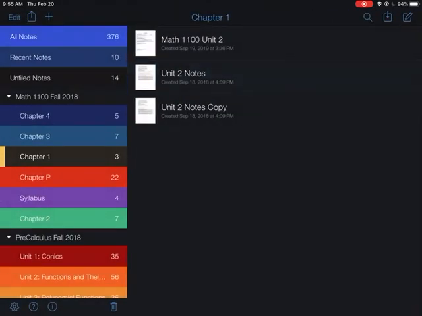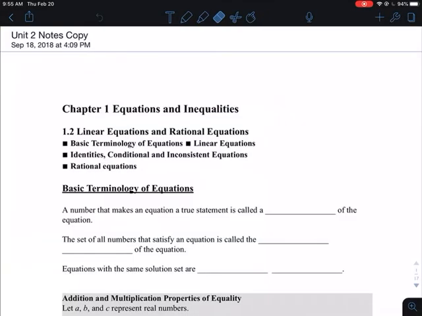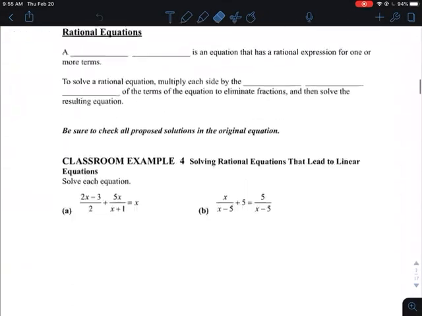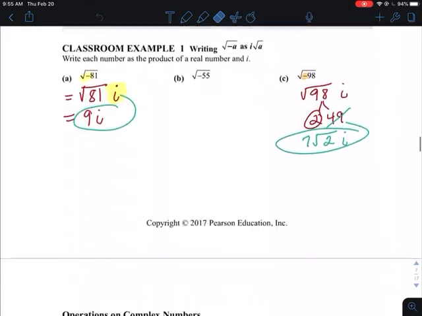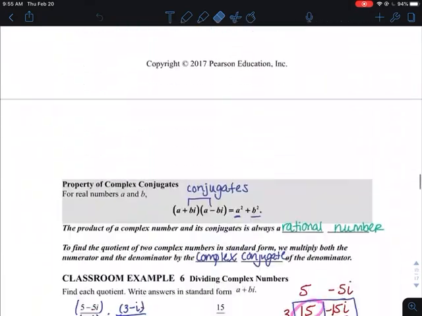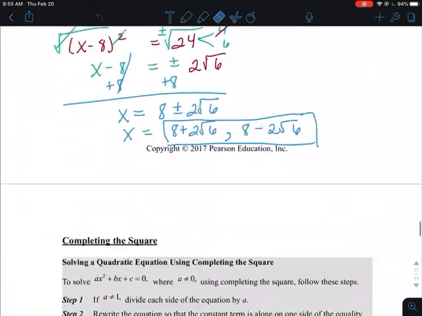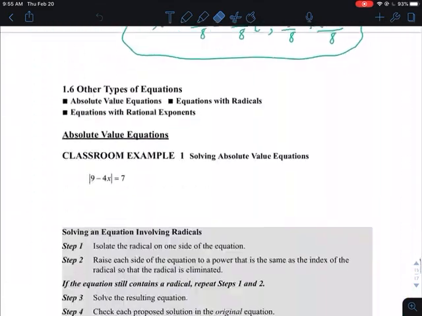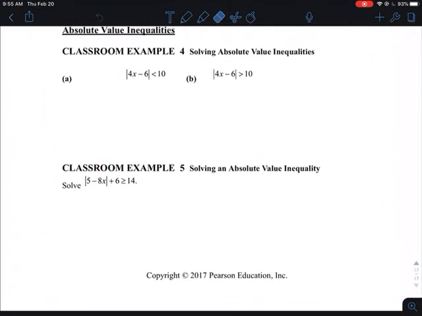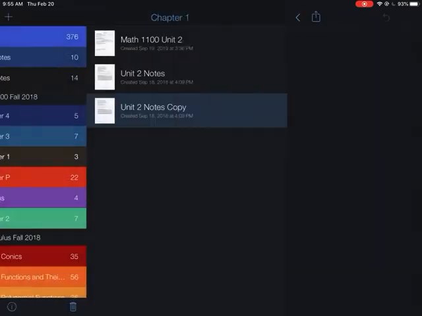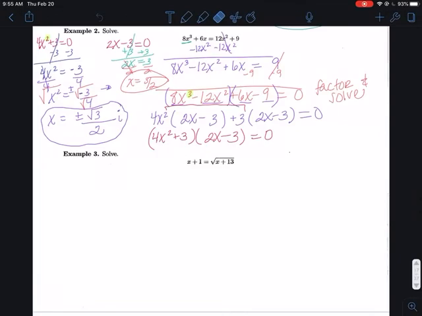Nope, that's not it. All right, give me a moment. Sorry about that. My iPad just froze. I'm trying to make sure I have the correct file. I think I'm here. All right, here we go.